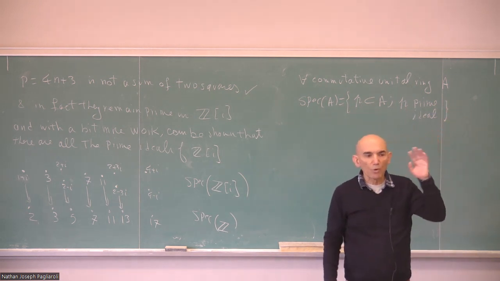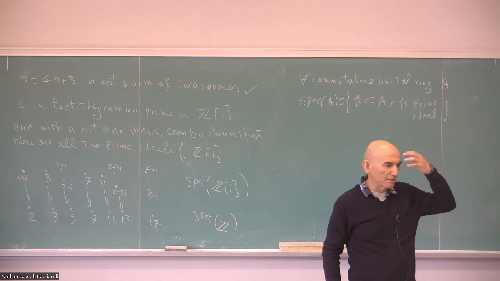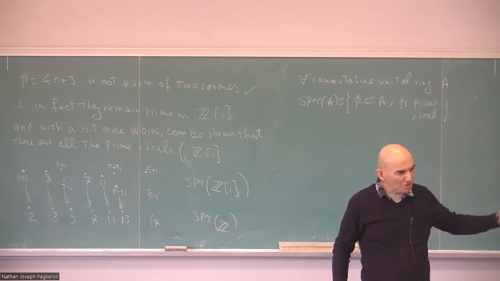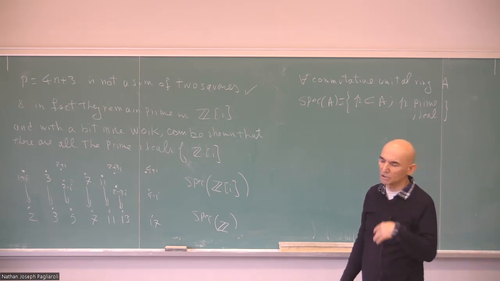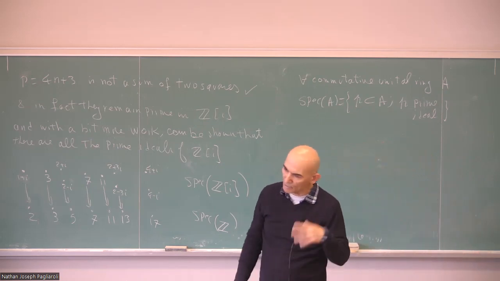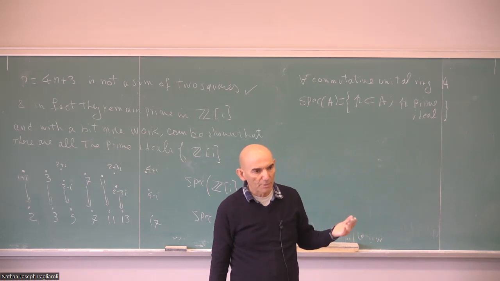I mean, the spec is more than just a set. The way I define it is just a set, but there's a topology on the spec, called the Zariski topology, and there's also a sheaf of local rings over the spec. There is some structure.